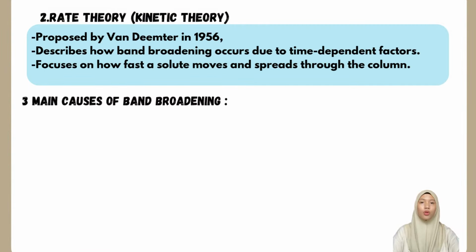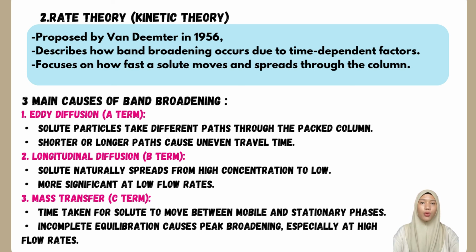Next, let's move on to the second theory, which is the rate theory, also known as the kinetic theory. This theory was proposed by Van Deemter in 1956, and it explains how band broadening occurs in chromatography due to time-dependent factors.